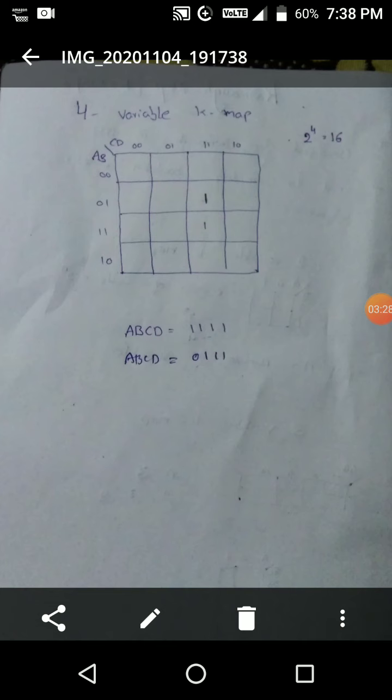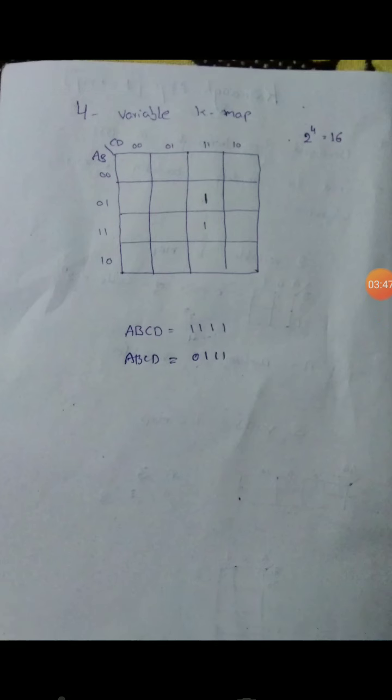We join the cell of 1 1 on the row side and column side and place a 1 in that particular cell. That is how we identify the representation of the Boolean algebraic expression ABCD with four ones. For the combination 1 1 and 1 1, of both the AB and CD variables, we place a 1 in that particular cell.